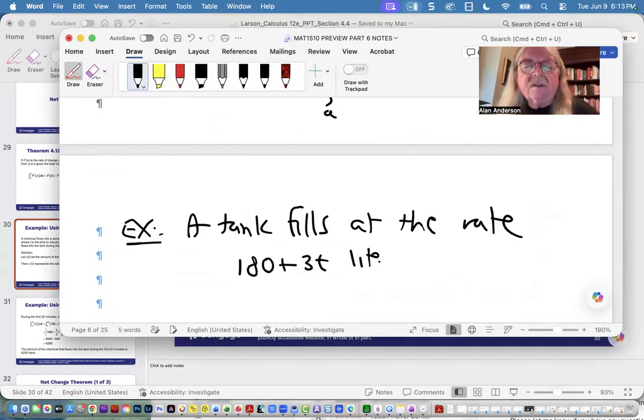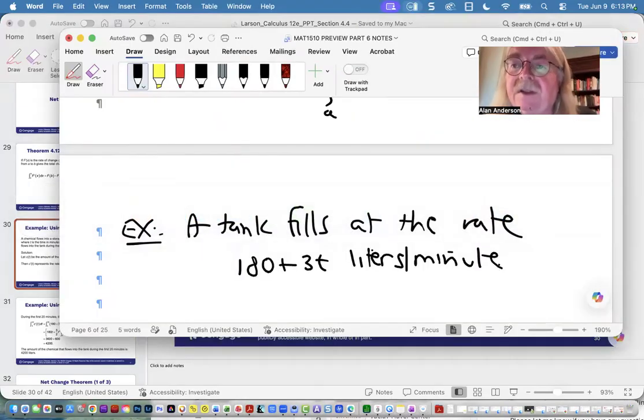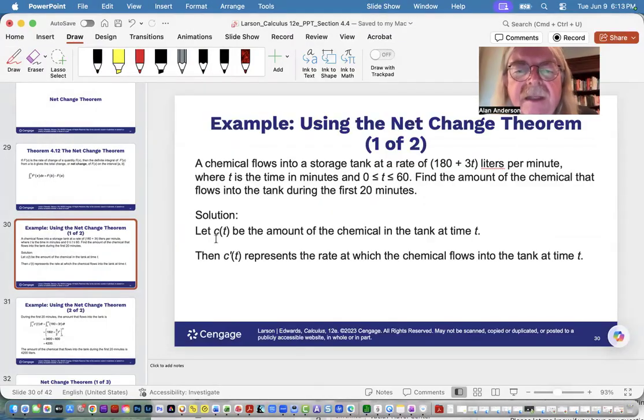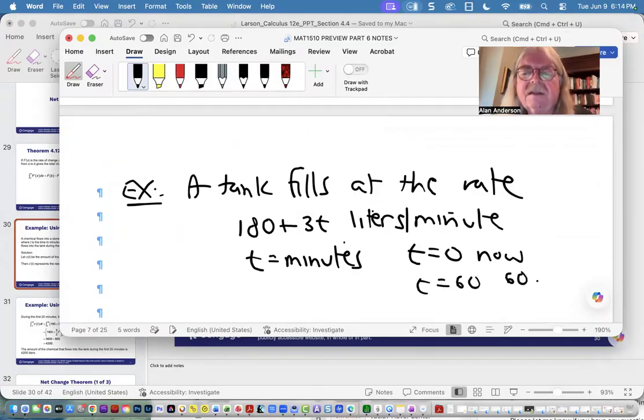Time, t, of course, is the time variable. Usually when you have a time variable like that, t equals 0 means right now. Here, t is in minutes. T equals 0 means now, and t equals 60 means 60 minutes in the future.